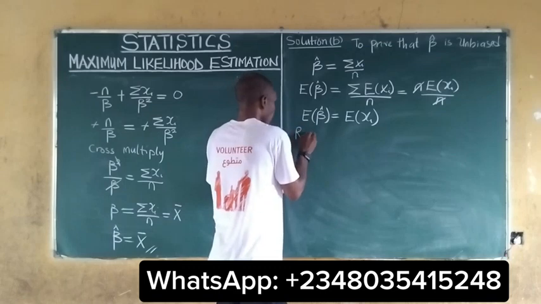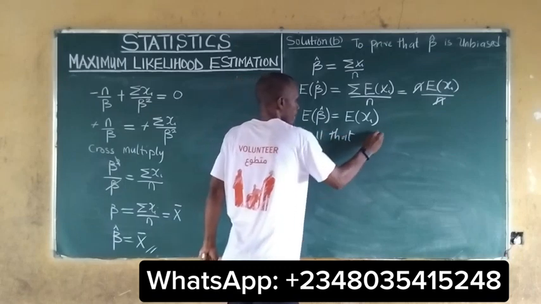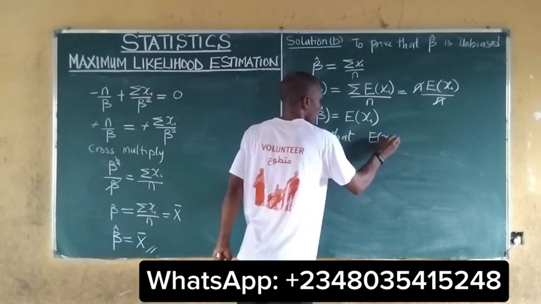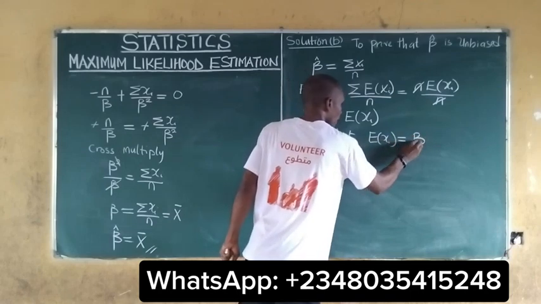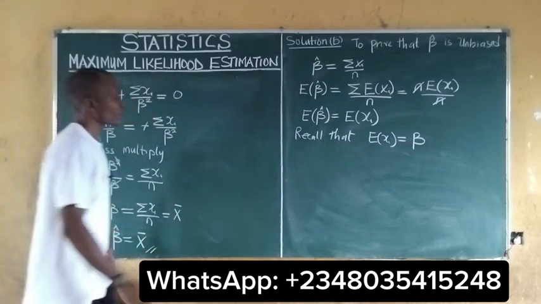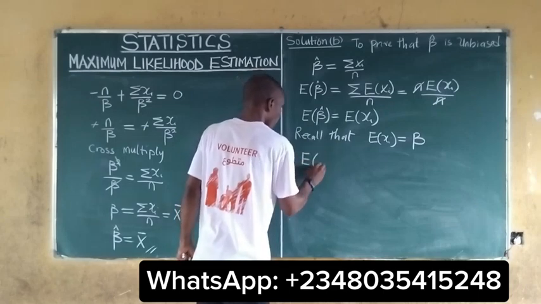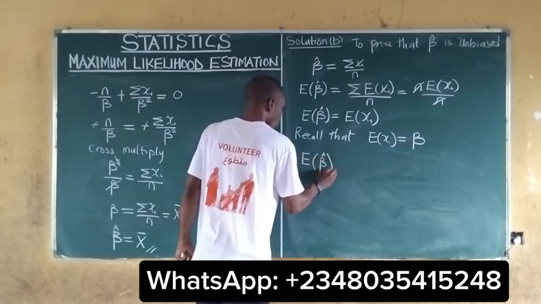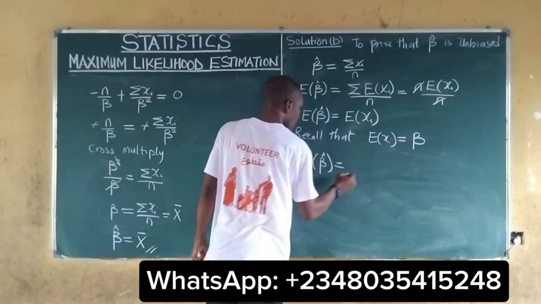We should recall that the expected value of xi is equal to our beta, which is this. So it means that the expected value of beta estimate, we need to show that it is equal to beta.